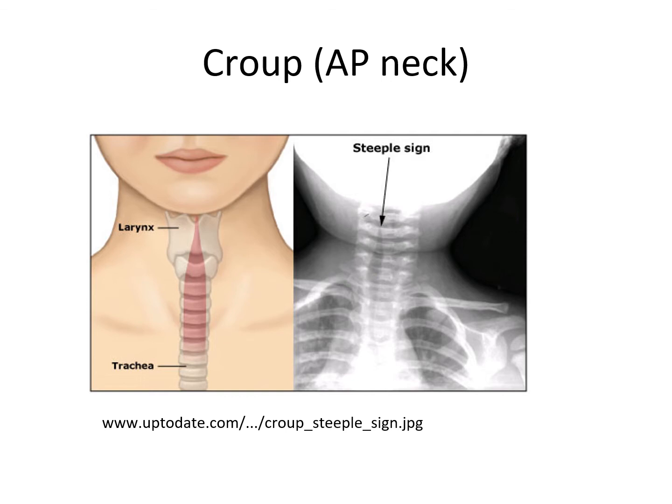You can see on the drawing on the left side where the pink area comes to a point like a steeple, and you can make it out on the x-ray on the right too. It's like a steeple of a church. So that's the narrowing of the upper airway caused by the inflammation.